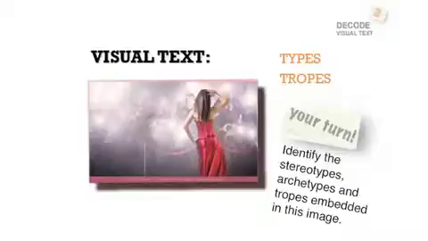Or is she a jester? And what's the trope? The trope should be very easy to identify. It's the red carpet. So it's got a very identifiable trope, a very identifiable stereotype, and then whatever archetype you assign to it gives it meaning.